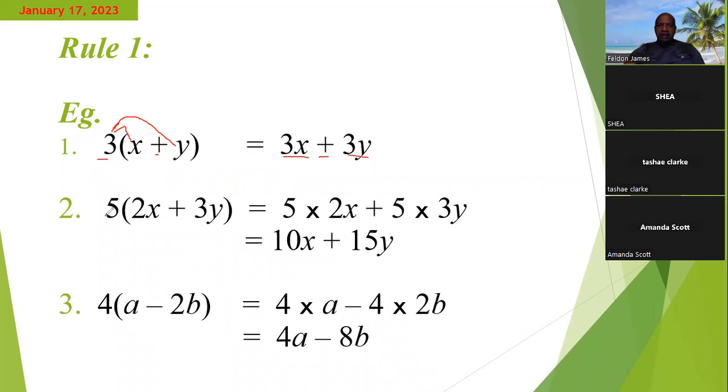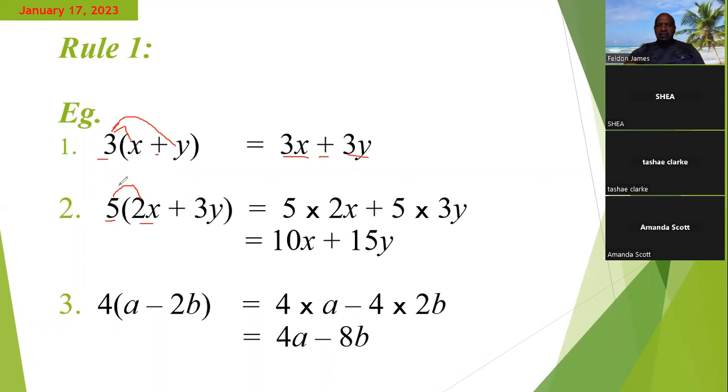All right, so for the next one, we now have a number beside the term in the bracket, and we're multiplying by a number outside. So it is important to remember that you multiply the numbers together and then group back the x or the letters with them, right?